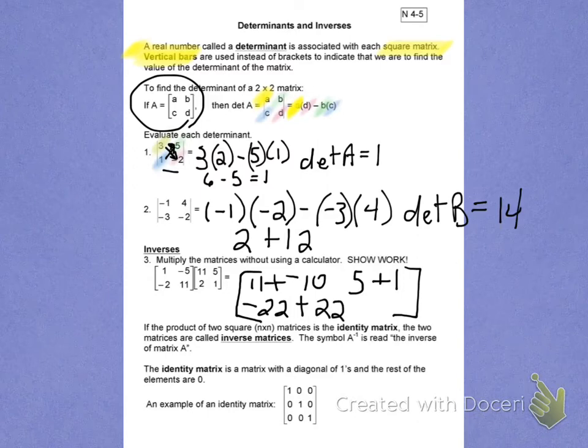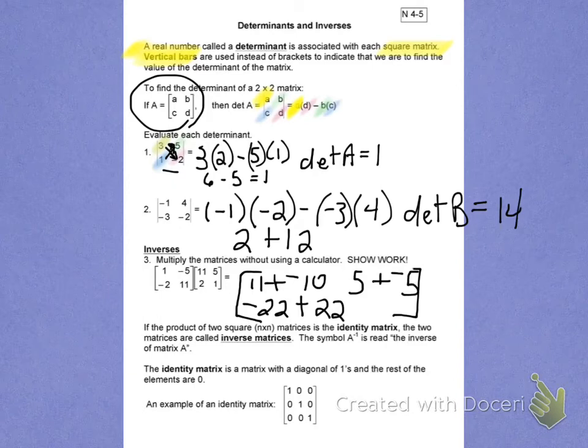Okay, and on this, this should have been -5, so let me go back. That's a mistake. Okay, in this spot on the upper right, you had 1 times 5 is 5, plus -5 times 1 would be -5. So I made a mistake on that one.